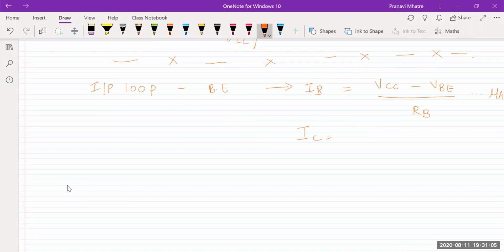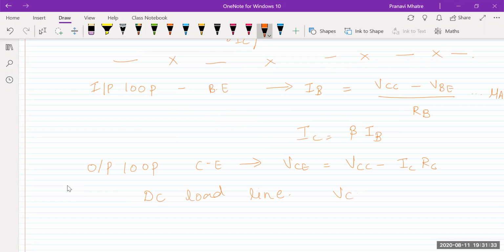IC is equal to beta IB. Then you will apply the output loop between collector and emitter. From this, you will calculate VCE, which is equal to VCC minus ICRC in this particular fixed bias circuit. Once your output loop is done, then you will calculate DC load line and Q point.